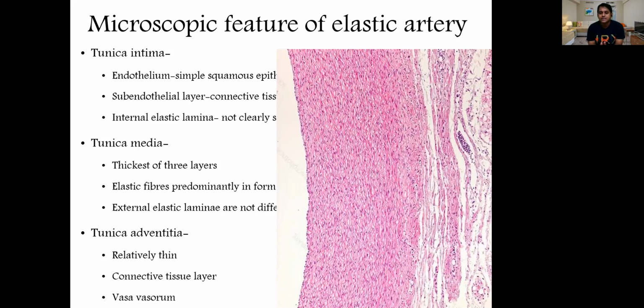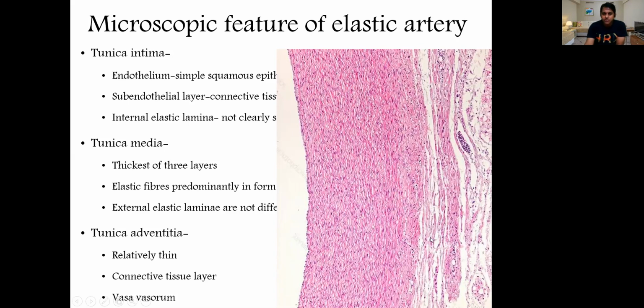Now why are vessels needed to supply the artery? When you come to a larger vessel, generally the vessel gets its blood supply through diffusion from the blood which is present in the lumen. When the vessels are larger, it cannot diffuse completely to supply the entire wall. So you need a separate blood supply to the artery, which supplies the rest of the wall.